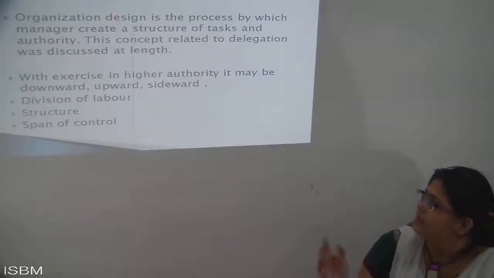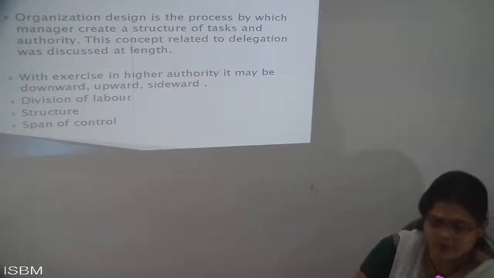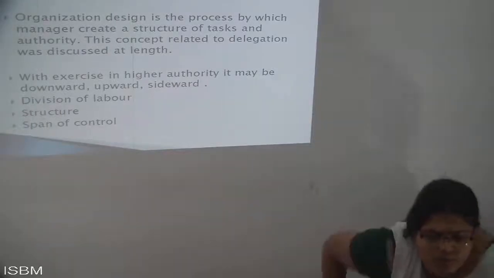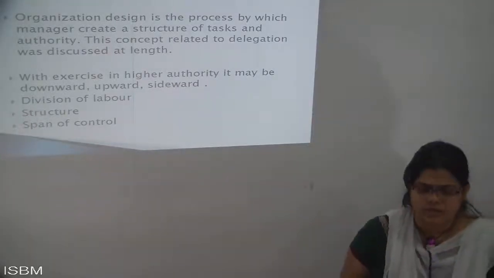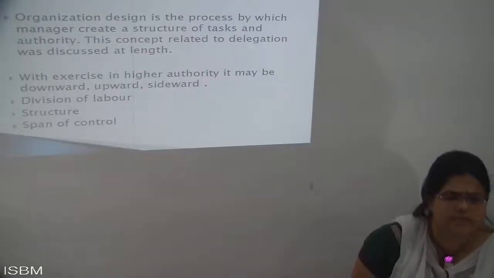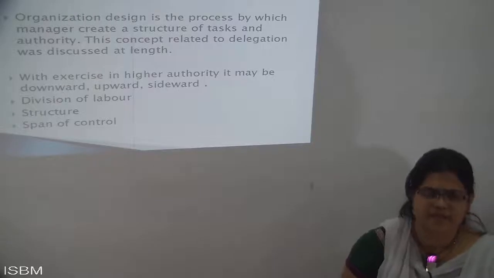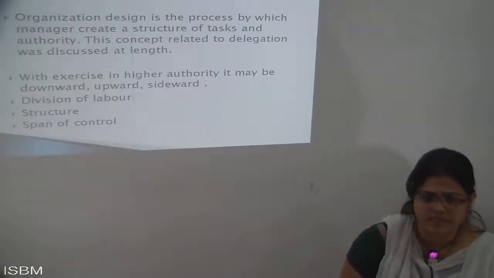But previously, I'll just give you a small brief. I'll just summarize. What are the concepts we have discussed? I just concluded each and everything. Now I'll just summarize. Each and every term has been related to designing: how you design each and every work, how you construct each and every work.